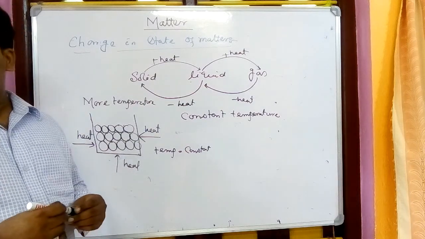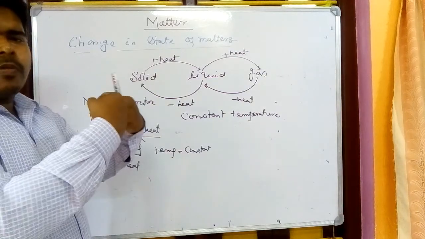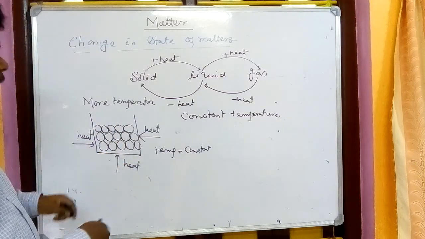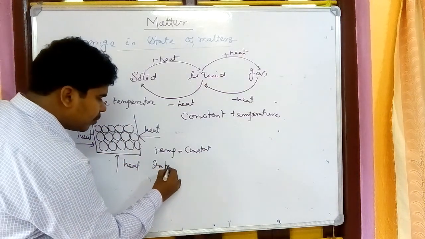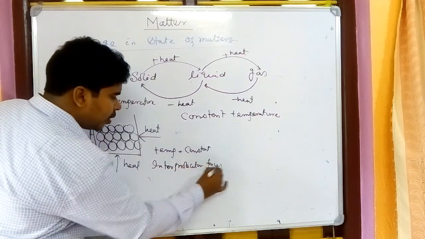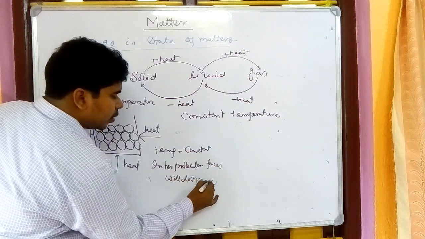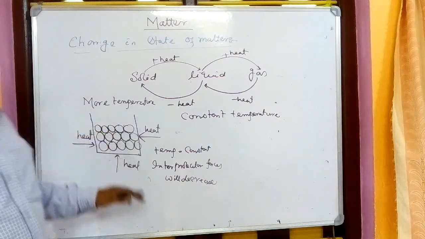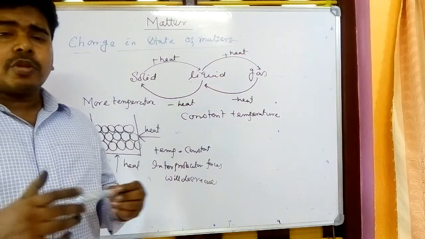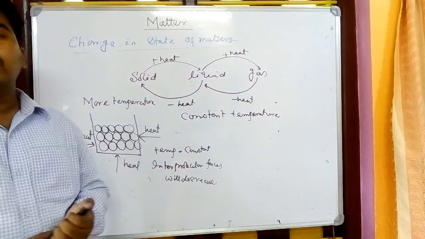Why will it be converted into liquid? Simple thing: you have given more heat energy, meaning more vibration, and due to this more vibration the intermolecular forces will decrease. We know the intermolecular forces are maximum for solid, but as you give heat energy, it tries to vibrate the particles more, and if they vibrate more, the intermolecular forces will decrease.